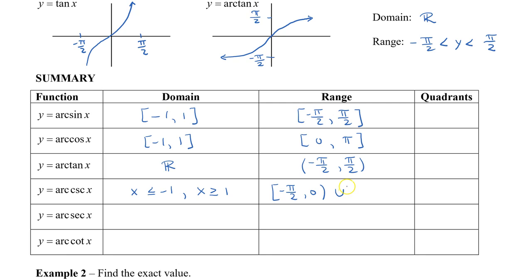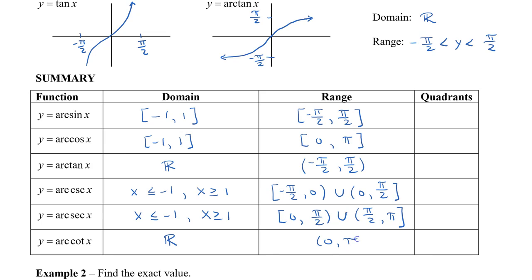And this is a union symbol, meaning and, from 0 to pi over 2, inclusive. And then for arc secant we have x is less than or equal to -1, x is greater than or equal to 1, and then from 0 to pi over 2, not including pi over 2, and then pi over 2 to pi. And then arc cotangent, all real numbers, and then from 0 to pi.